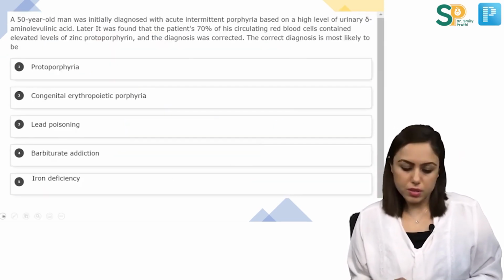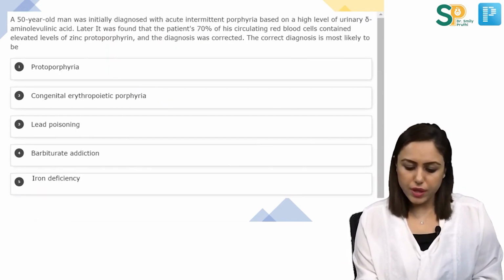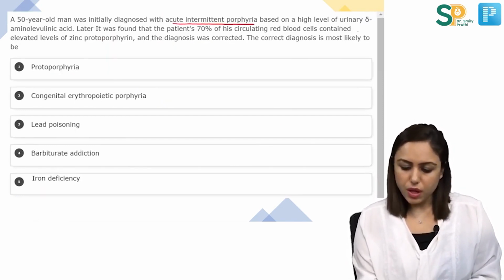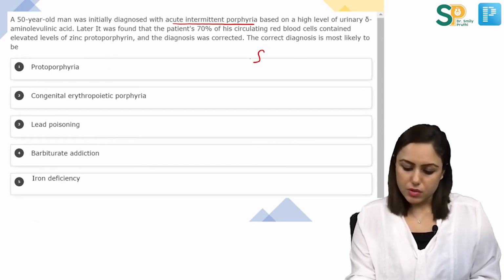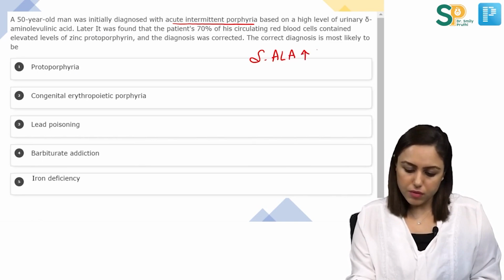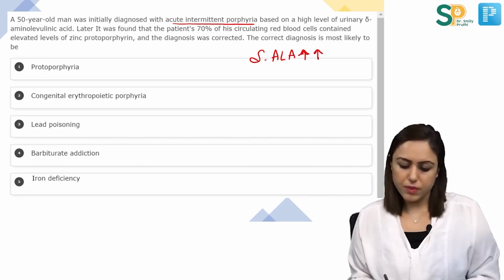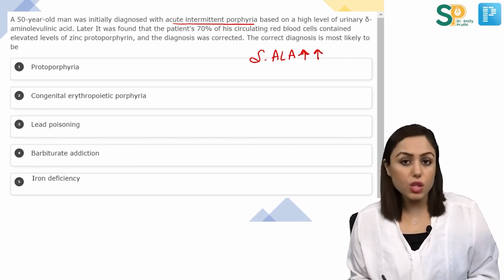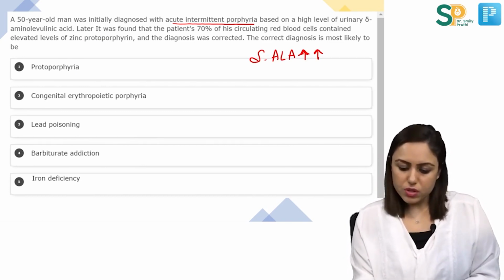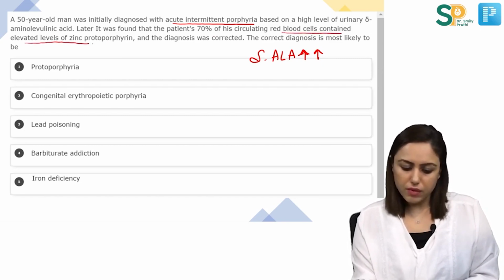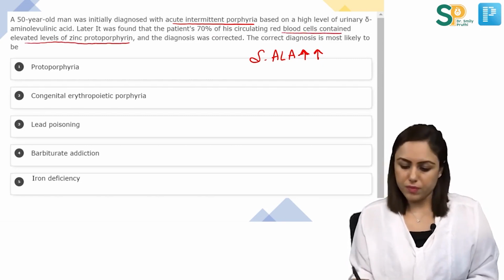Coming to next question, a 50-year-old man was initially diagnosed with acute intermittent porphyria based on high level of urinary delta amino levulinic acid. So delta ALA levels are raised in this patient and this patient was diagnosed as acute intermittent porphyria. Later, it was found that 70% of circulating red blood cells contain elevated level of protoporphyrin.